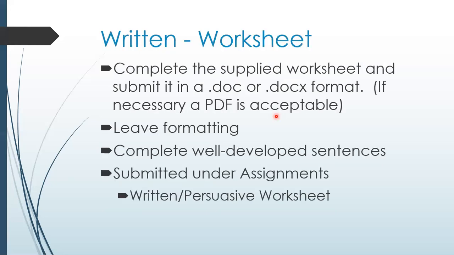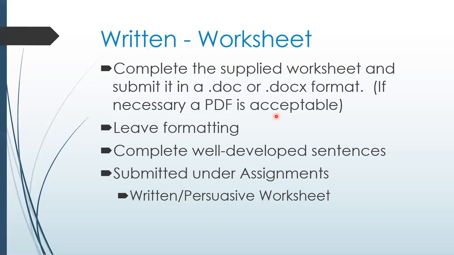This one actually requires 2 different written portions. You are going to have a supplied worksheet where you're going to supply it in a .doc or .docx format. If necessary, you can do a PDF, but preferably it comes in a .doc or .docx. Leave the formatting of the document. So leave the questions and the numbers and just place your responses underneath.